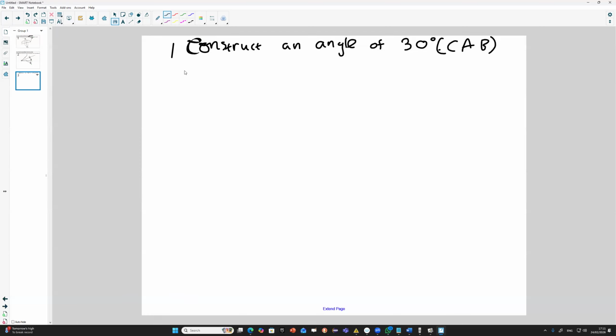So if I do a little sketch, it would be something like this. You've got CAB. You want that to be 30 degrees. The first thing I can do is draw the line AB. And then we want to do what we did earlier, the 60-degree angle, the equilateral triangle.